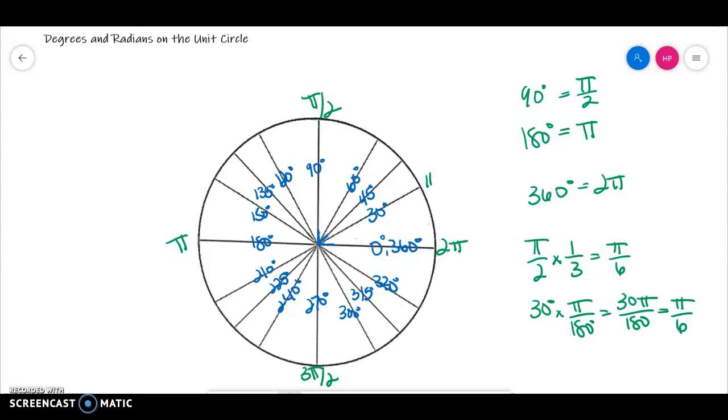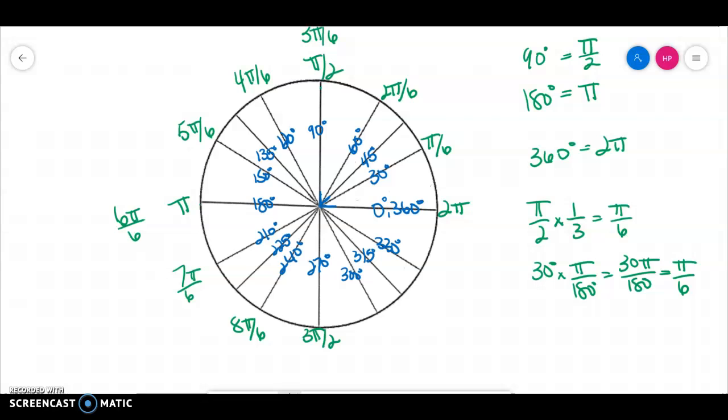So if I count off as pi over 6, 2 pi over 6, which will simplify, 3 pi over 6, which is simplified, 4 pi over 6, 5 pi over 6, 6 pi over 6, which again is simplified, 7 pi over 6, 8 pi over 6, 9 pi over 6, 10 pi over 6, and 11 pi over 6.